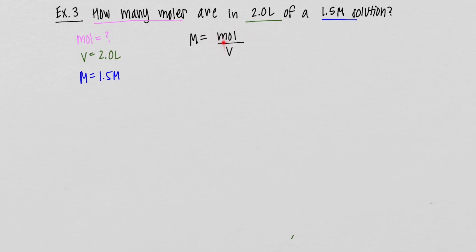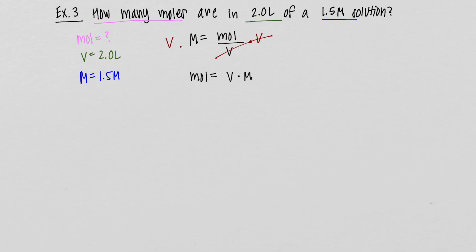We need to get rid of volume. It's being divided by, so we're going to be doing the opposite. So what's the opposite of division? Multiplication. So we're going to multiply V to both sides. Cancels these. And we get mole is equal to V times M, or M times V. It doesn't matter because since it's being multiplied, the order doesn't matter.